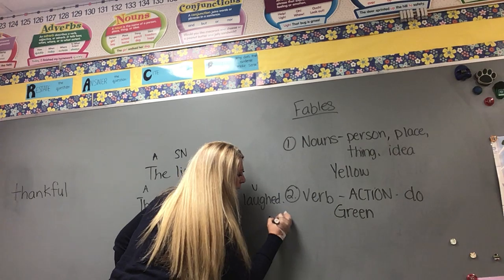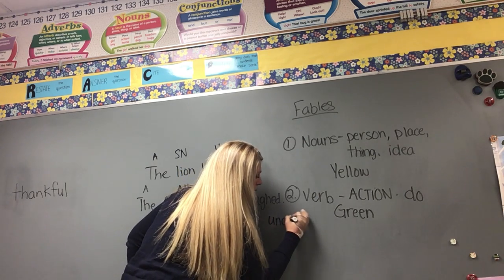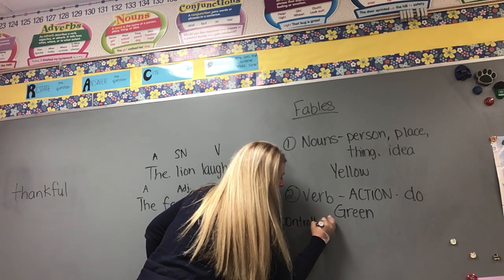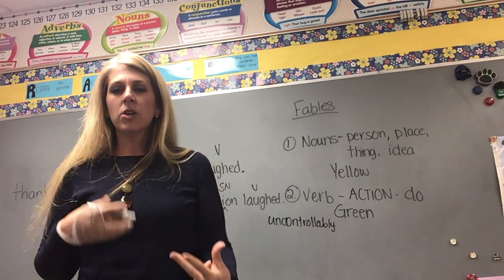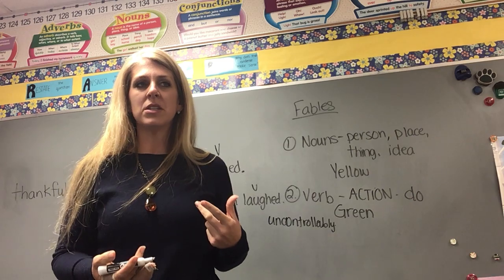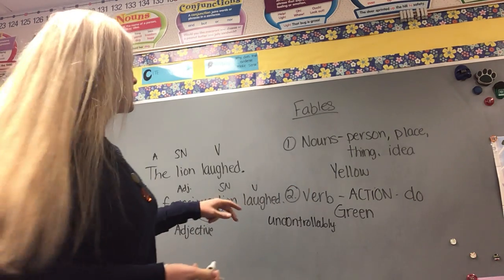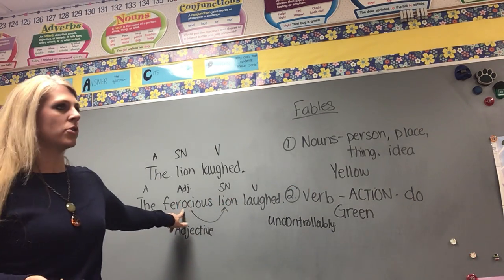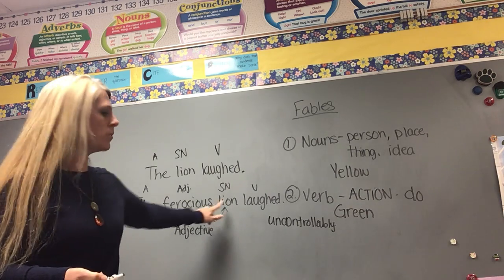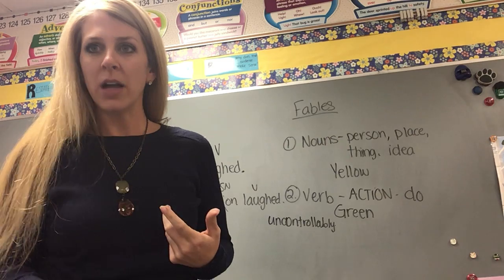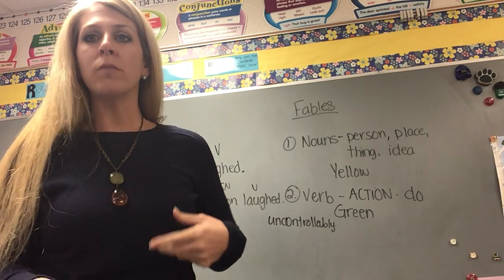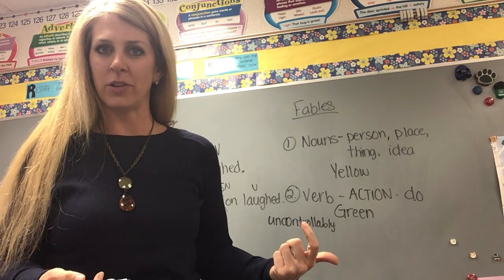If I add that, uncontrollably, it's giving us a little more information. It's making our sentence a little more interesting. So in this case, my last word described a noun, so we called it an adjective. When I say uncontrollably, I'm not talking about the lion anymore. I'm talking about the laughter being out of control.